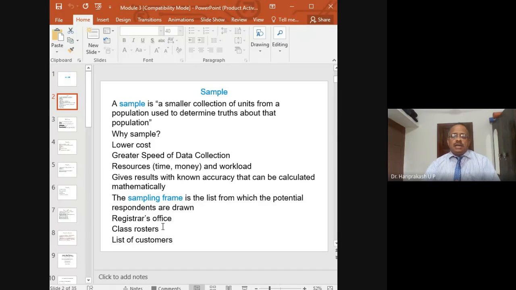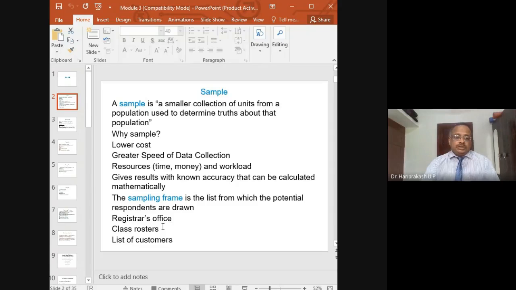If you have to collect from a whole population under that particular study, there is a lot of cost involved. Another one is time. You have to spend a lot of time if you want to collect from the whole population. And if you are able to collect it from a small portion of the population, and then you can generalize the findings to the whole population from that study, then why not go with the sample itself, is it not?